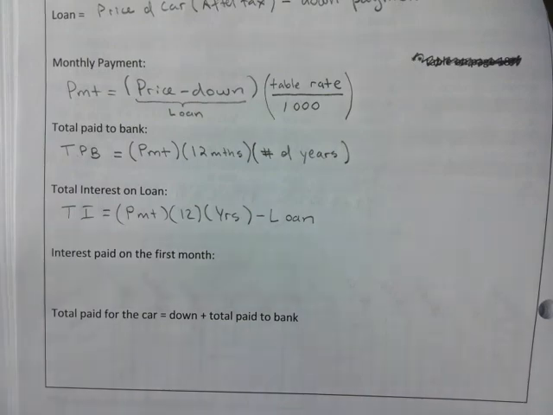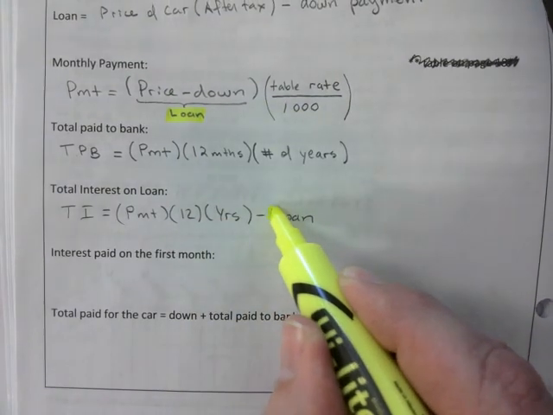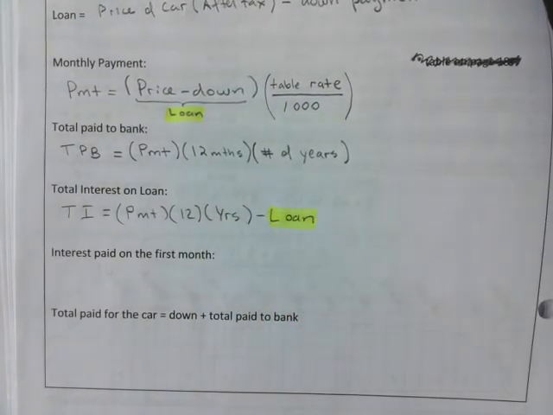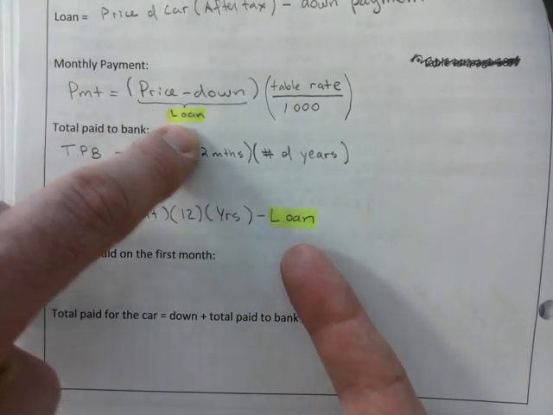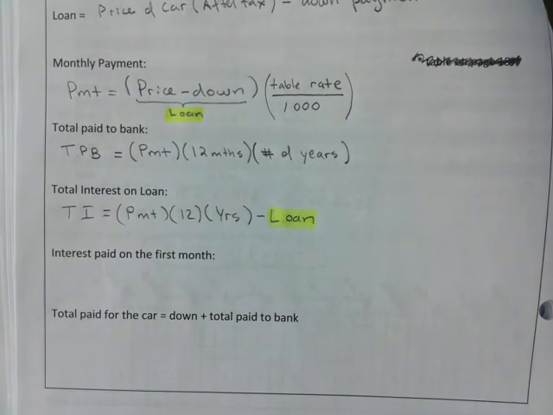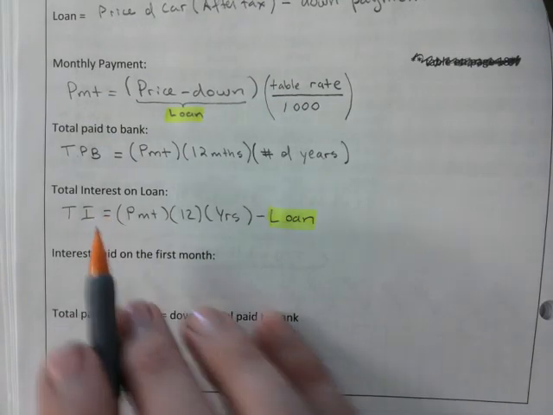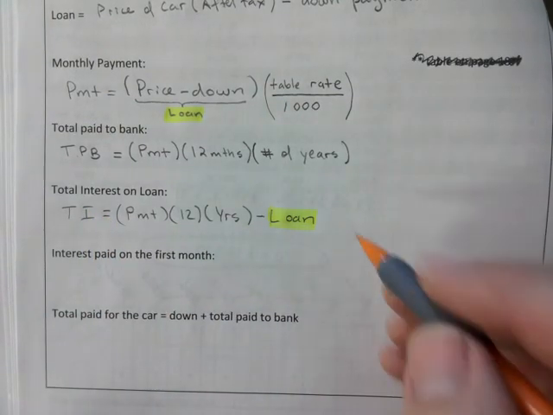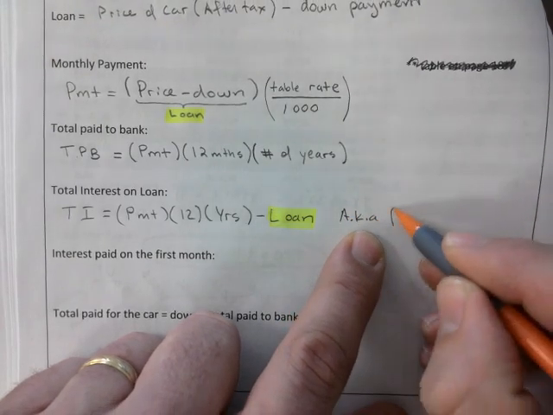And if you have a highlighter, I will go up here, highlight loan and loan here, because when I work through these questions, I will usually put the loan amount down here. Okay. That's total interest, guys. AKA finance charge, in case some of you forget.